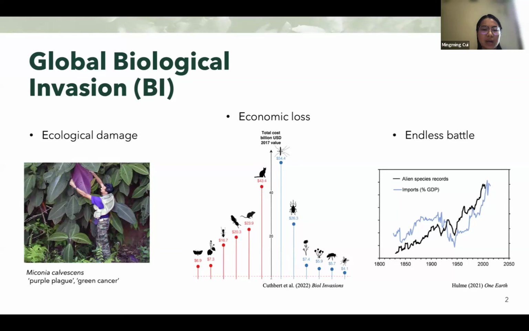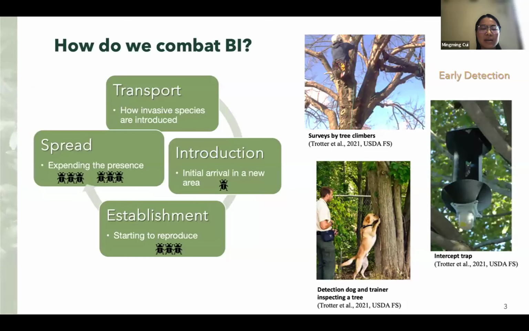Another concern with biological invasion is that with globalization, there's no sign of a slowdown in the introduction of invasive species. This means we are constantly facing new challenges related to biological invasions. In general, the invasion process is composed of 4 stages: transport, introduction, establishment, and spread.